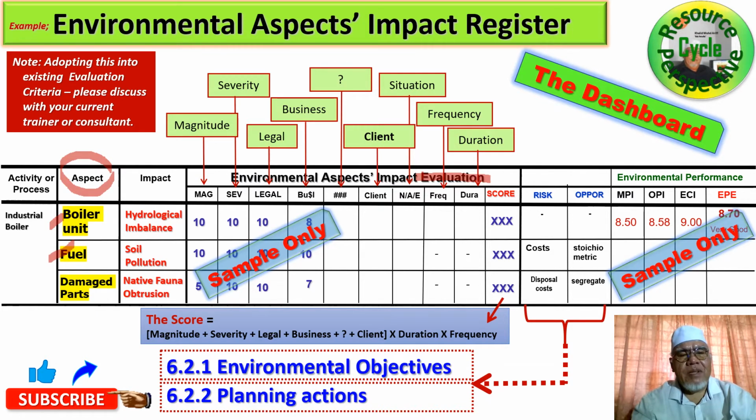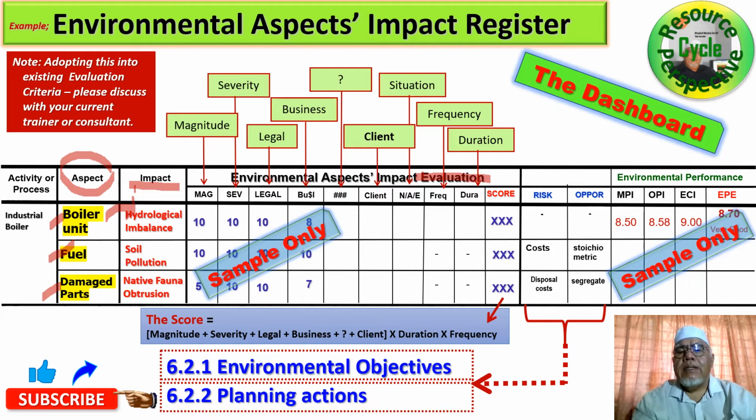Fuel is an environmental aspect. Damaged parts are environmental aspects, and these are their respective environmental impacts that each aspect could cause. This one is actually resource depletion. Doesn't matter. This is the format of the aspects impact register, and this is what we're going to do.